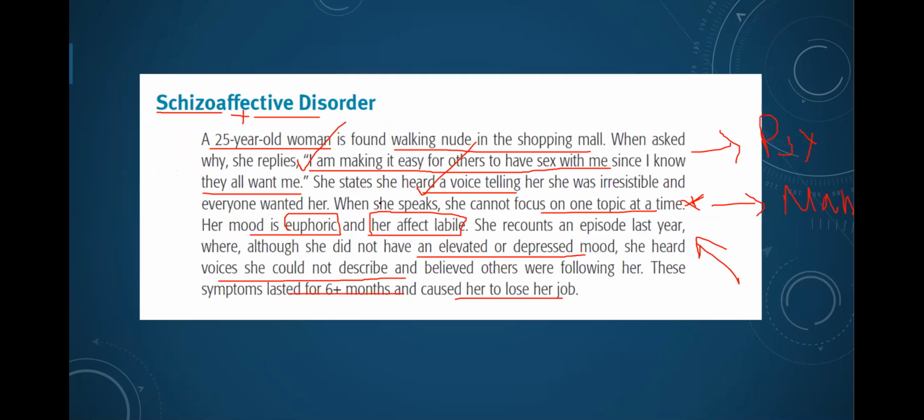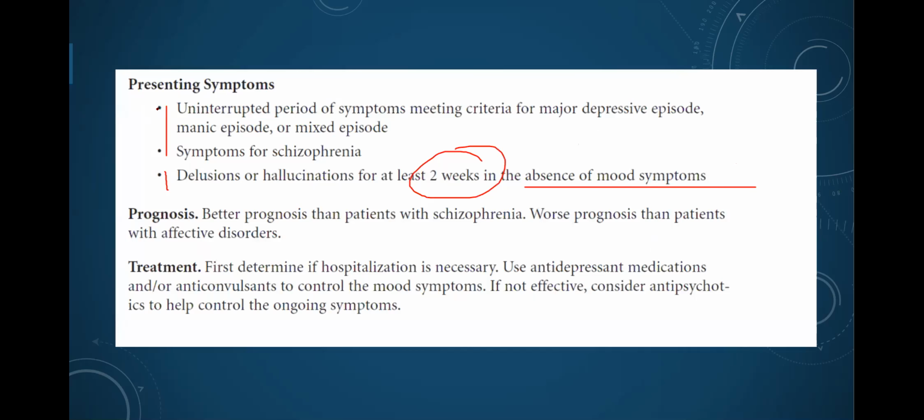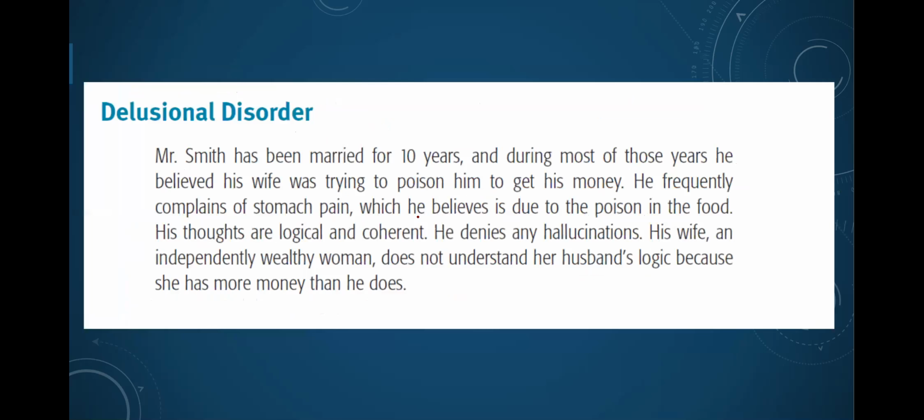So what does it mean? Our patient has schizophrenia, our patient has mania. So that means it fulfills these two criteria. The last criteria, that in the absence of any mood symptom, patient should have some delusion or hallucination.